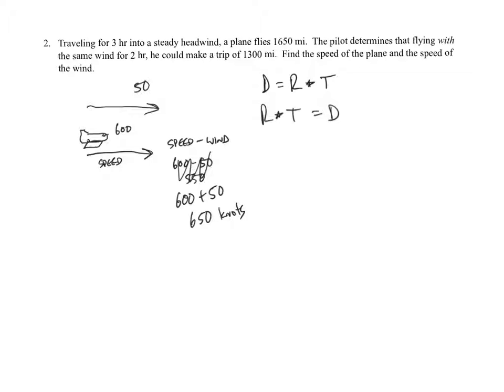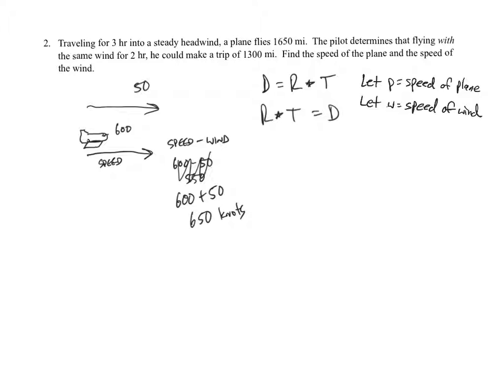All right? So with that in mind, and keeping our rate times time, let's figure out what our variables are. Let P equal the speed of the plane, and let W equal the speed of the wind. I think they're using miles per hour.